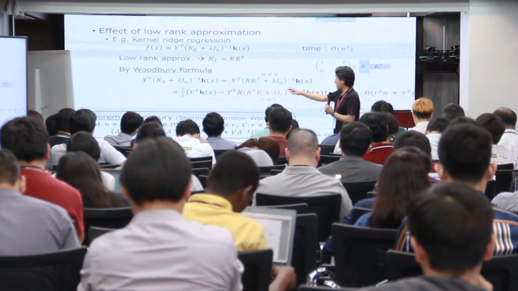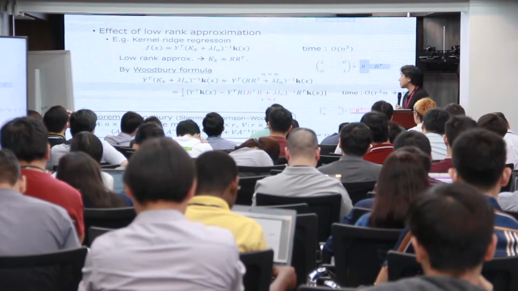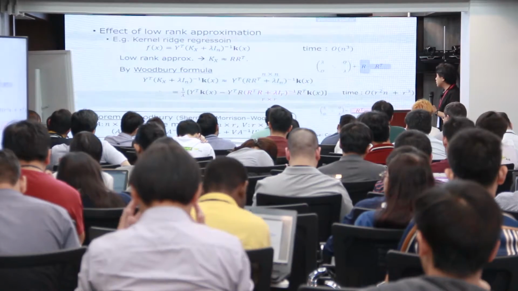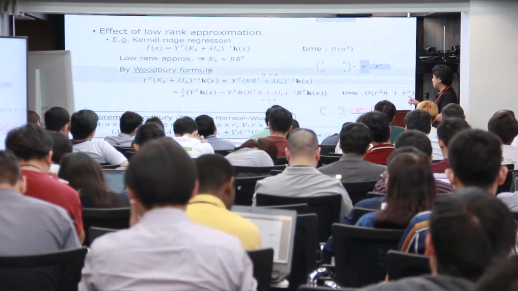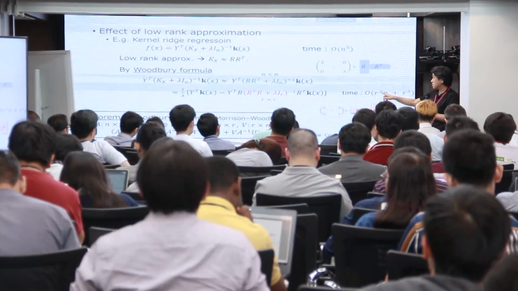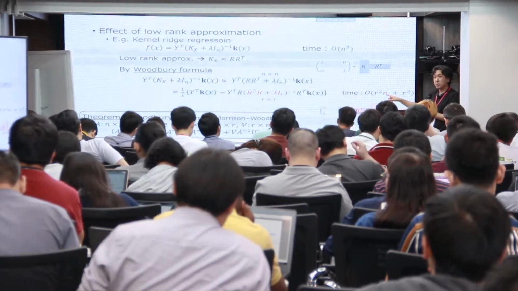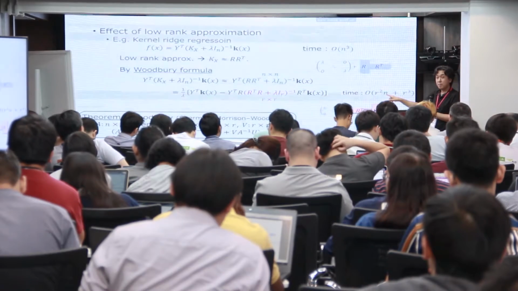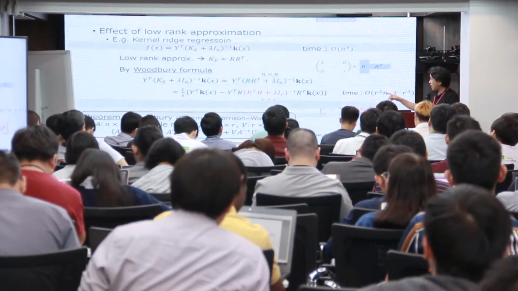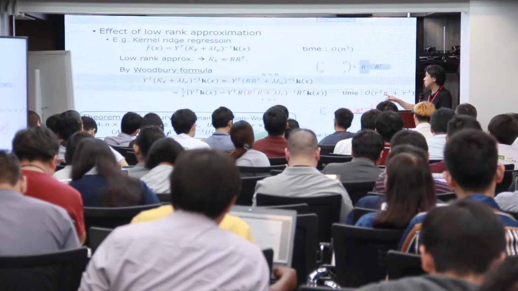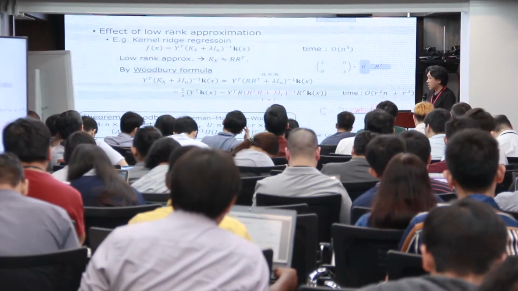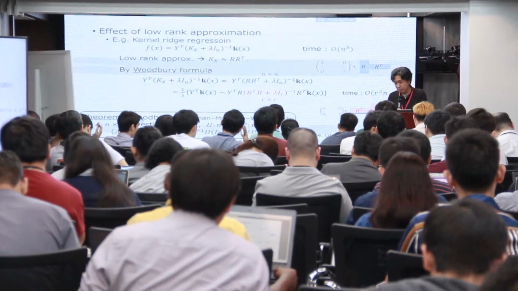So we can recover the n times n matrix. The computation here is simply R cubic plus R squared times n, so this is linear in n. So if n is very large and R is much smaller than n, this gain in computational time is significant.